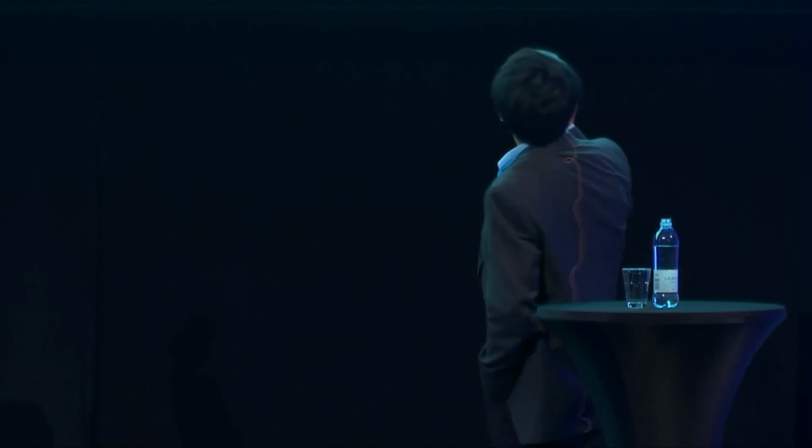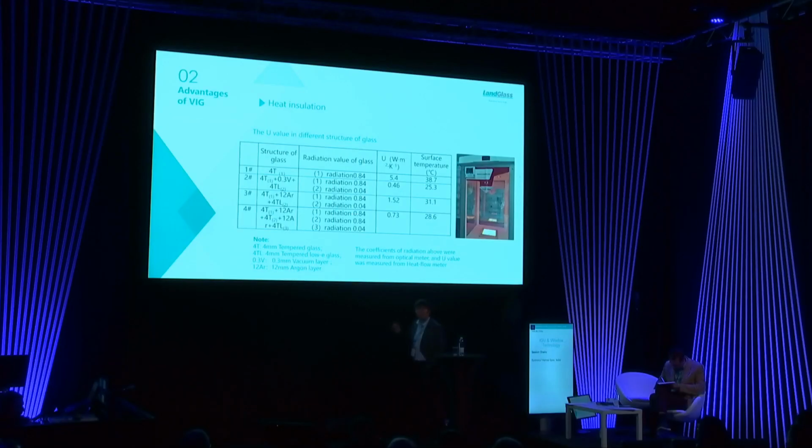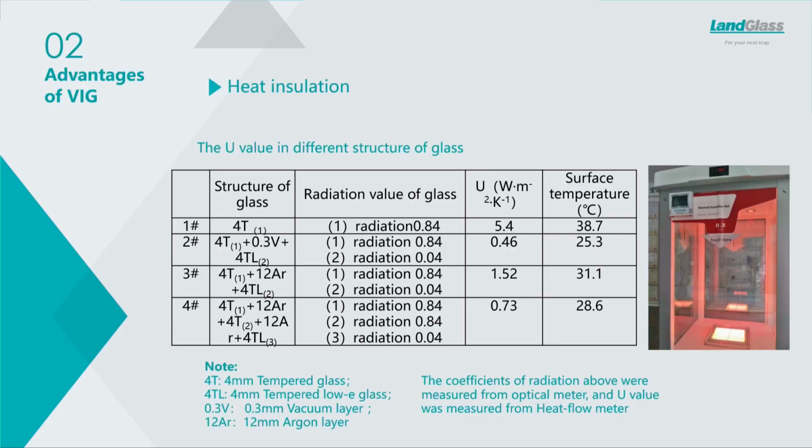If we make a comparison between 4 different glass structures, here you can see we made this kind of heat box. It includes 4 different kinds of glass pieces: one is single pane, one is VIG, and the other 2 are insulated glass with 2 pieces and 3 pieces. We compare the U value here.